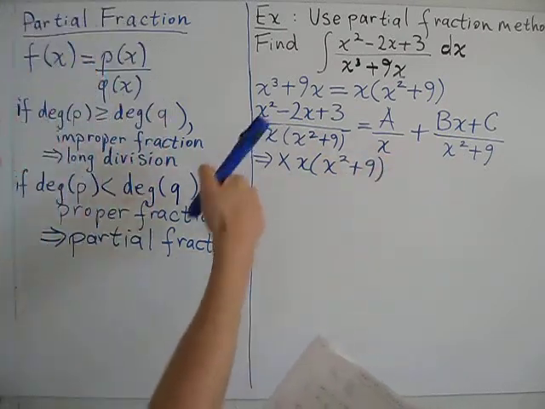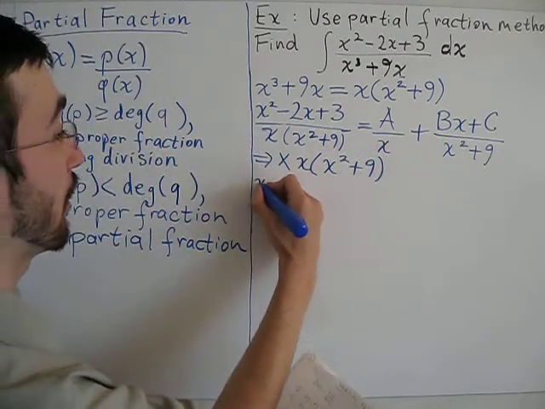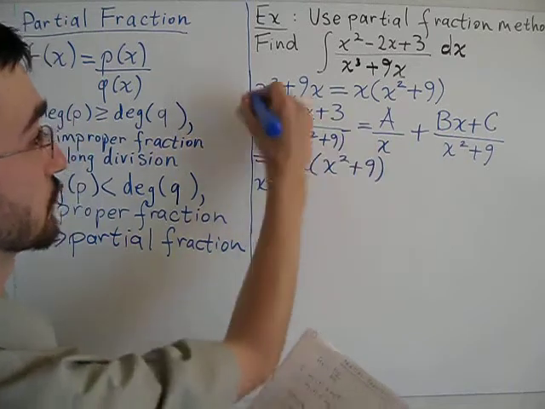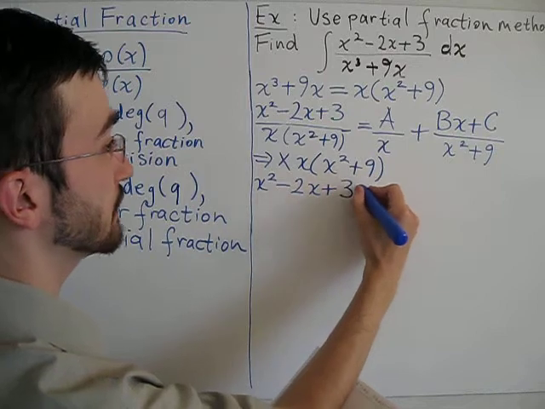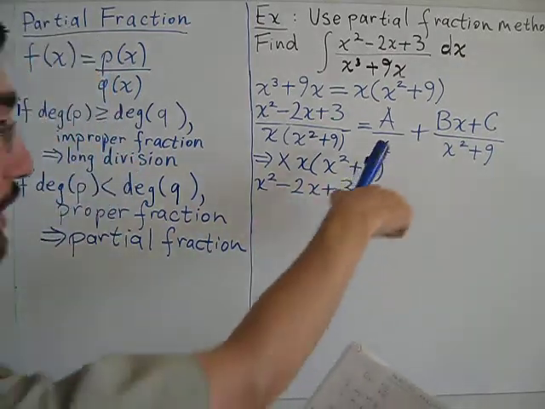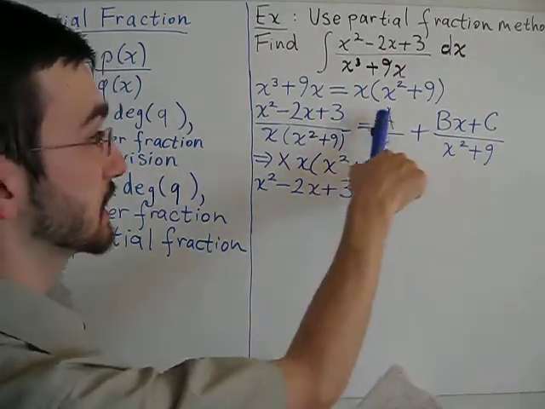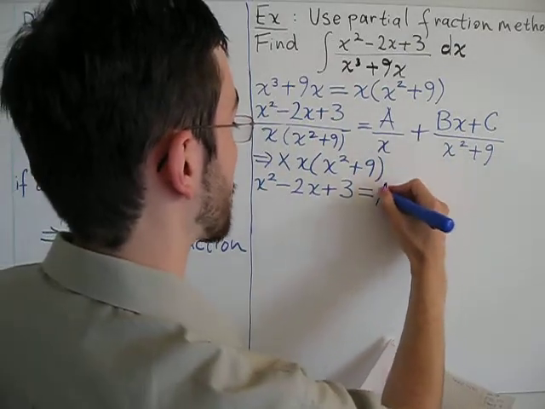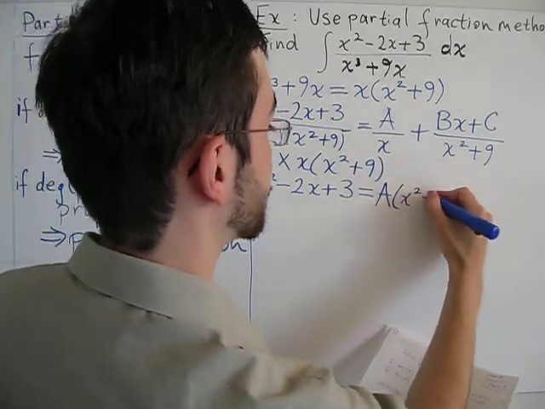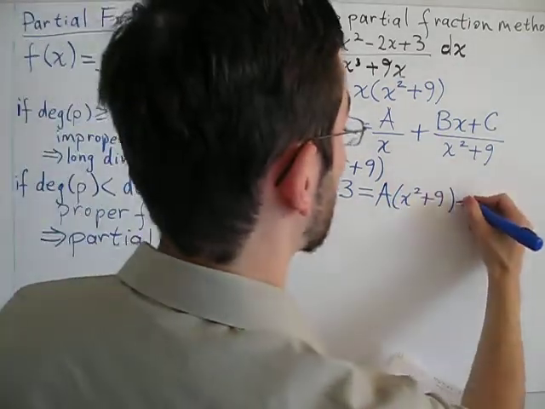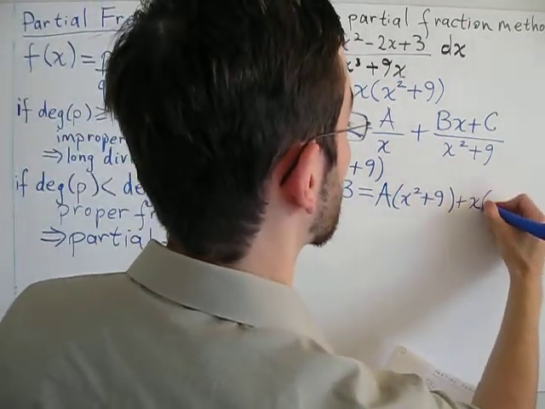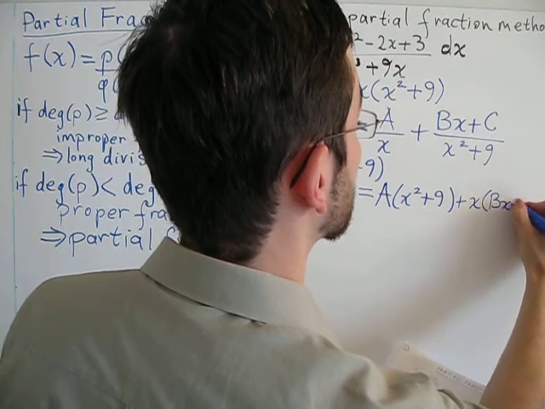If we do that, on the left hand side we end up with just the numerator, x squared minus 2x plus 3. And on the right hand side, we end up with A times x squared plus 9 plus x times Bx plus C.